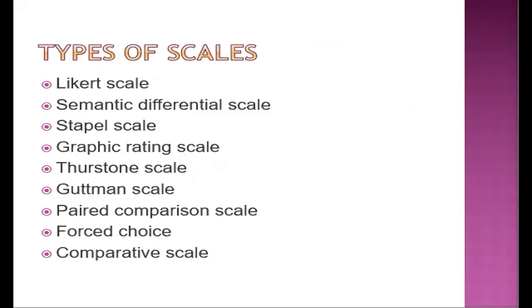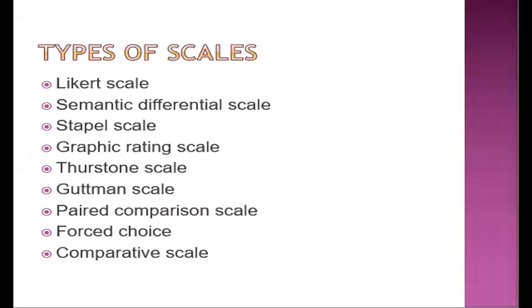We also have different types of scales that we could use for our questionnaires. We have the Likert scale, semantic differential scale, staple scale, graphic rating scale, Thurstone scale, Guttman scale, paired comparison scale, forced choice, and comparative scale.